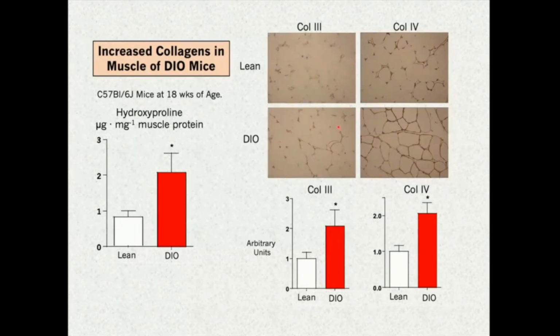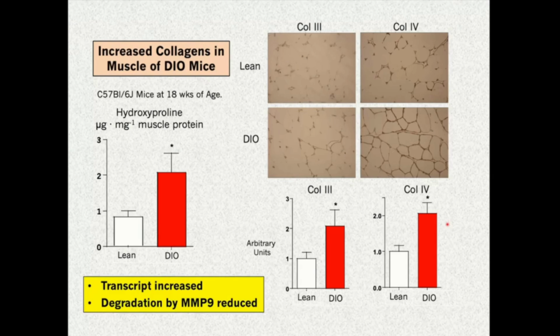We selected collagens 3 and 4 mainly because of their abundance in muscle. Collagen 4 is also a key basement membrane protein. And you can see both of these are increased as well. So we took this to mean that the ECM is indeed increased in muscle of DIO mice.